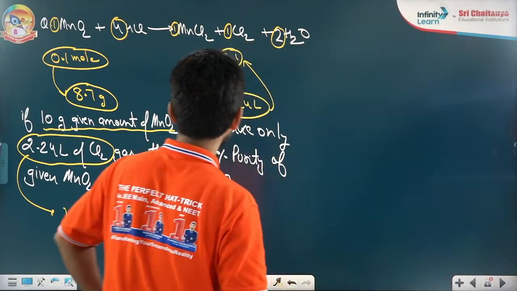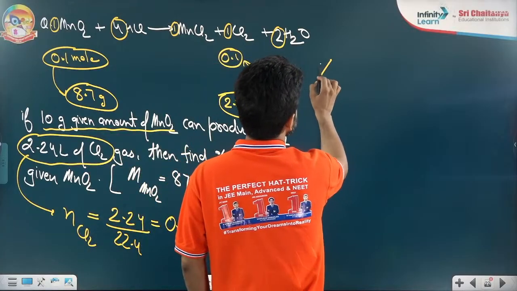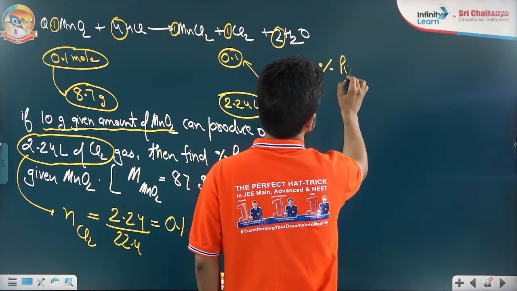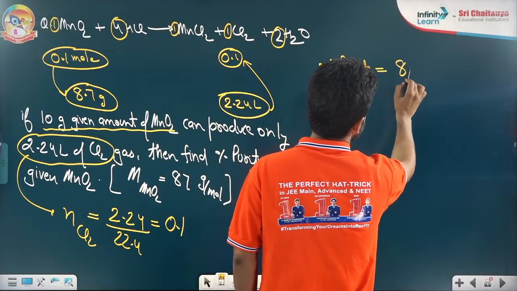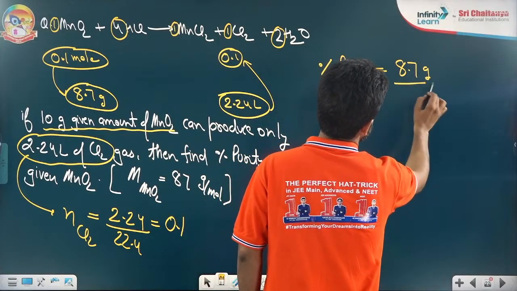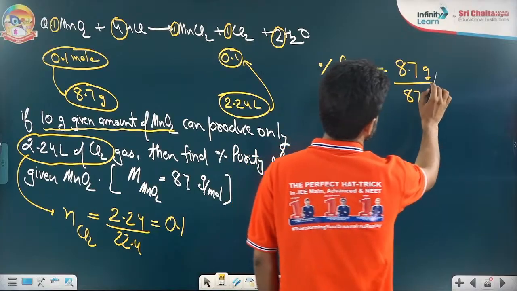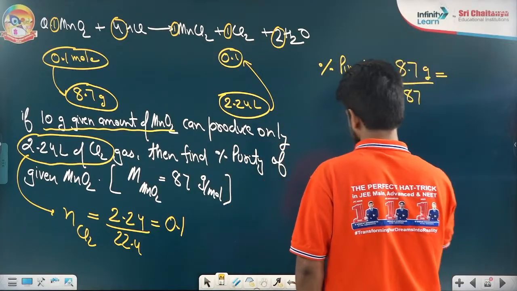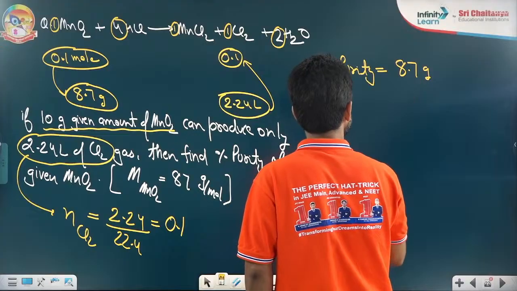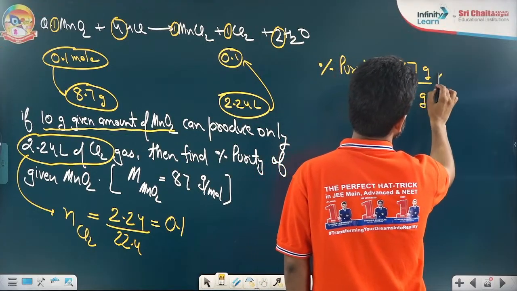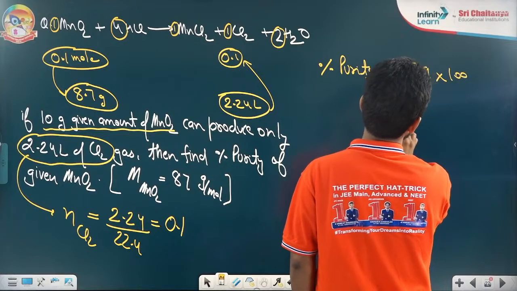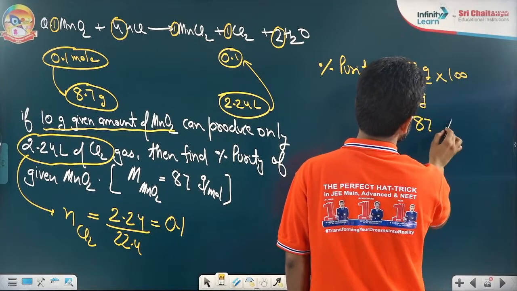Now I can say what is the percentage purity of our given reactant? 8.7 is the pure reactant actually, divided by, sorry, divided by 10, na? 8.7 is the pure one out of 10 gram, into 100. So how much coming? 87%.